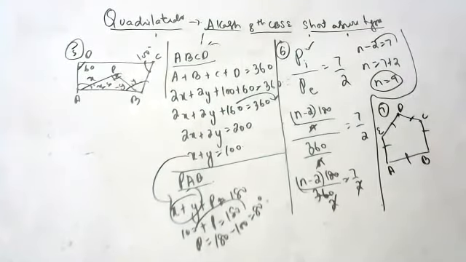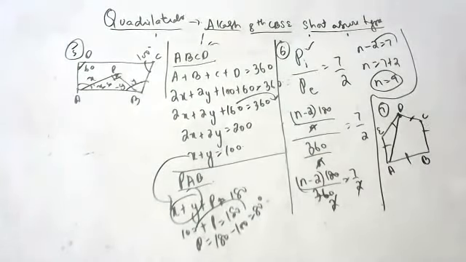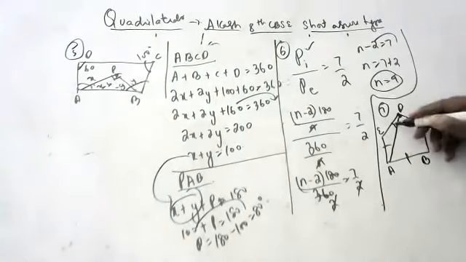Now, once read the question. ABCDE is a regular pentagon. The diagonal AD divides the angle CDE into two parts.